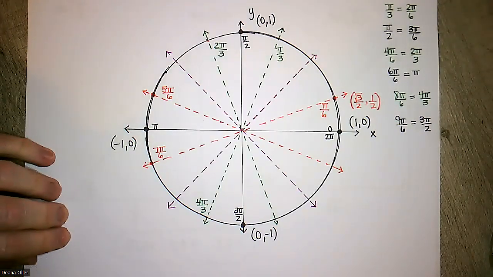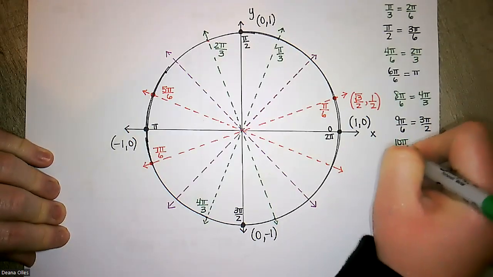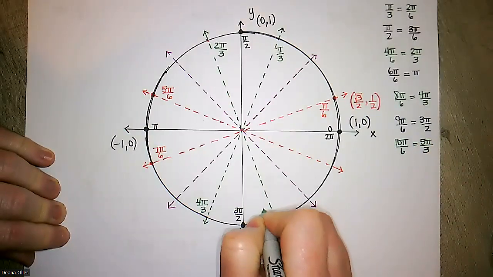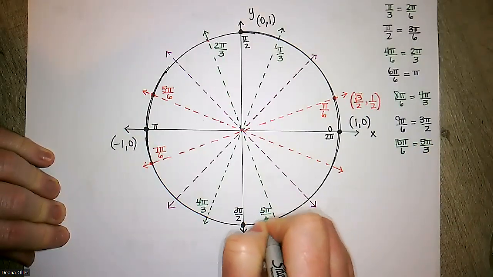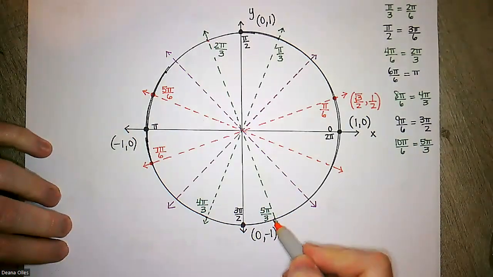Then we have 10 pi over 6, which reduces to 5 pi over 3 because 10 and 6 are both divisible by 2.